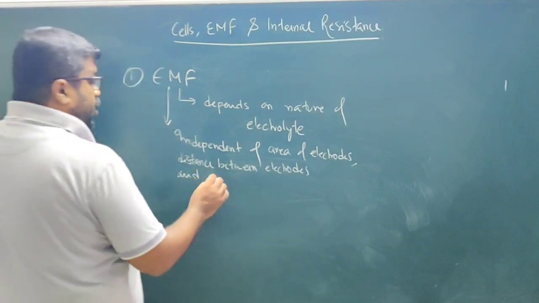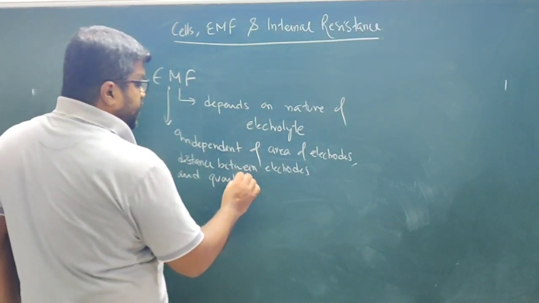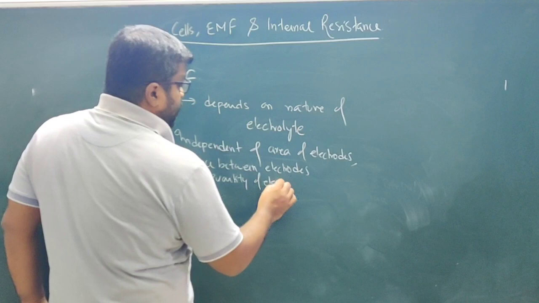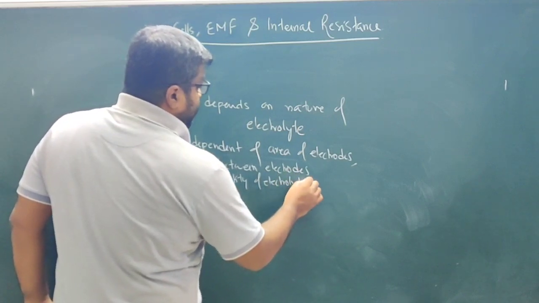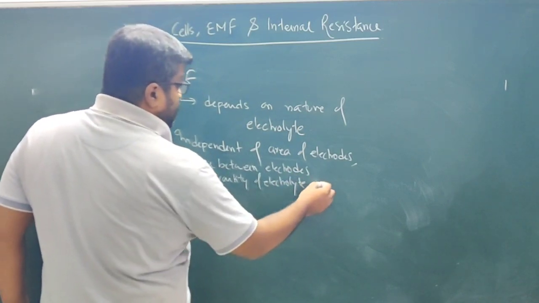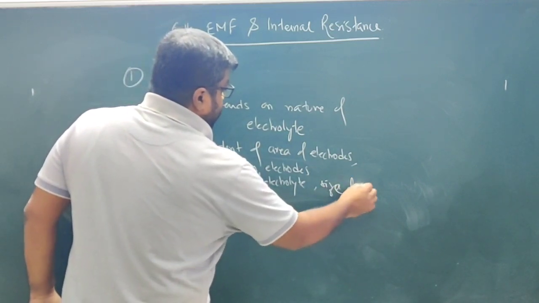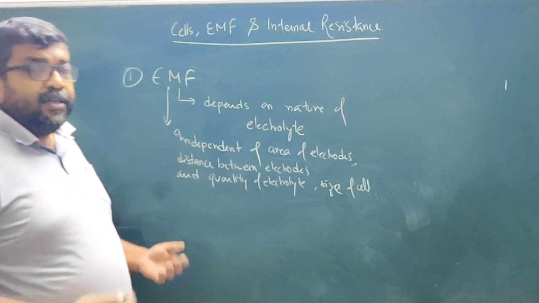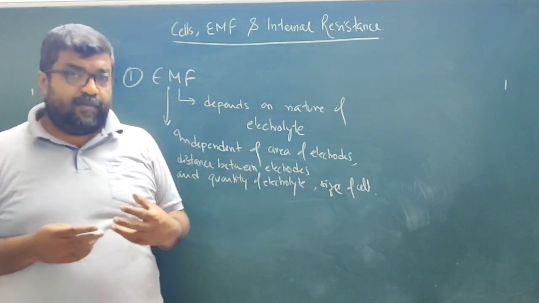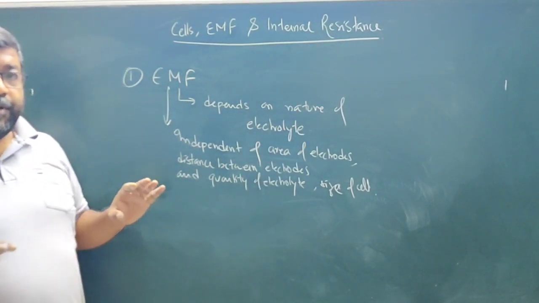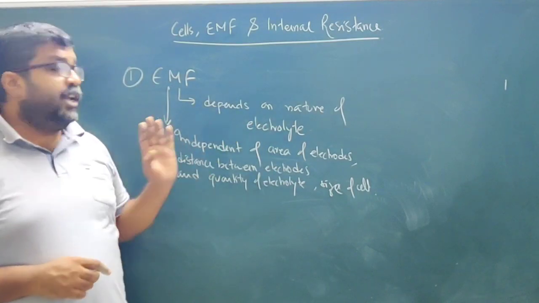and quantity of electrolyte, and also size of the cell. It doesn't matter if you have a big cell or a small cell. It is not going to depend on those things. It only depends on the nature of the electrolyte.